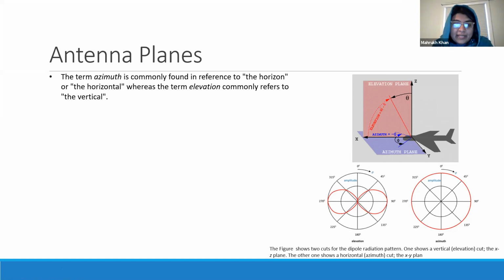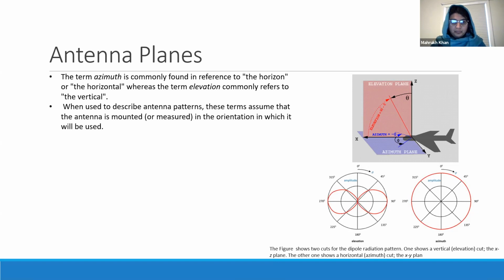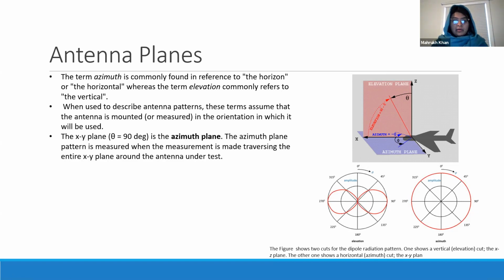Okay. So what is azimuth? Azimuth is opposite to elevation, of course. Azimuth means horizontal, and elevation means vertical. Okay. If we see this, let's say an antenna is mounted somewhere and we are measuring direction with respect to that antenna.